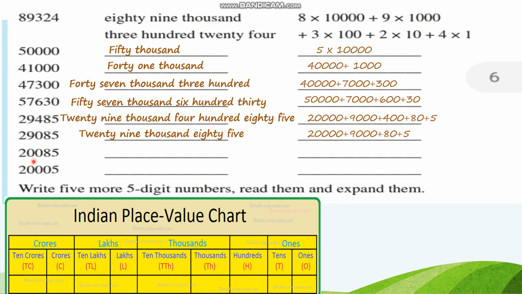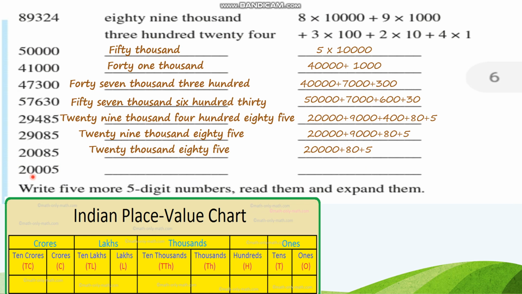Now look at the next one. How to read the next number? It is 20,085. Expansion is 20,000 plus 80 plus 5. Now look at the last number.